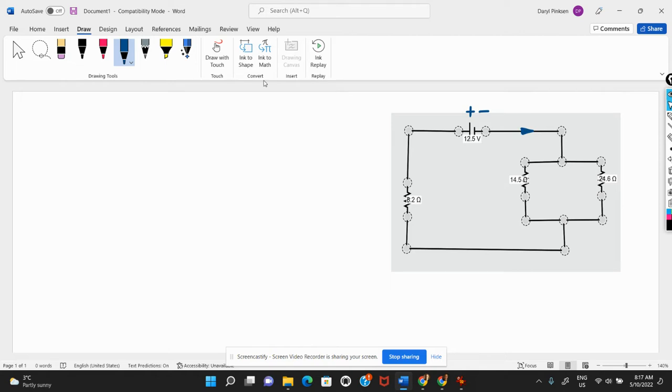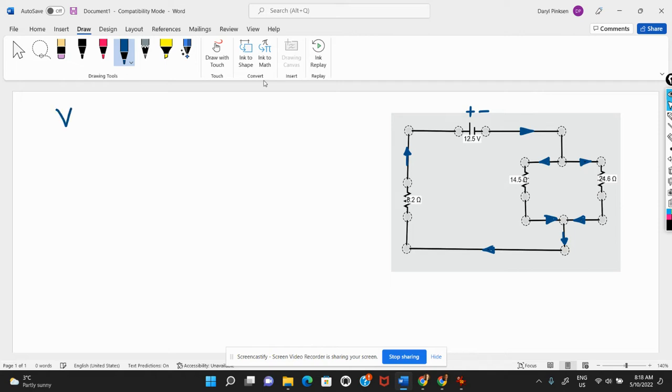Now, again, if you had this on a test or an exam, this is what it would look like, and you would be expected to understand that this is the way that the current flows. So it's going to split there, and then it's going to reunite here, and then flow around, and back it comes. So there's the complete circuit. That's the way that the current is going to flow.